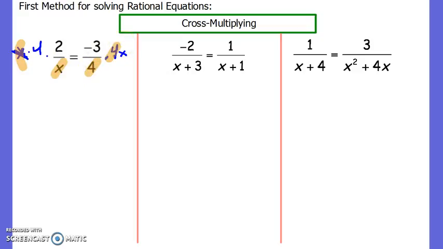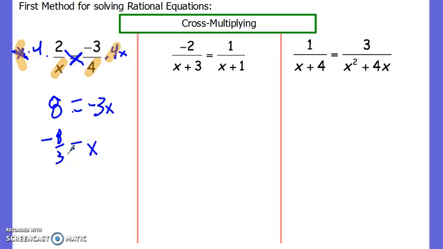And essentially what happens is you end up multiplying x times negative 3, so you get your negative 3x. And on the left side, you end up multiplying your 4 times your 2, and essentially end up at 8. Then we can divide by negative 3, and x equals negative 8/3, and you have your answer.